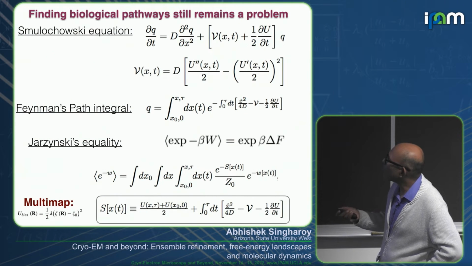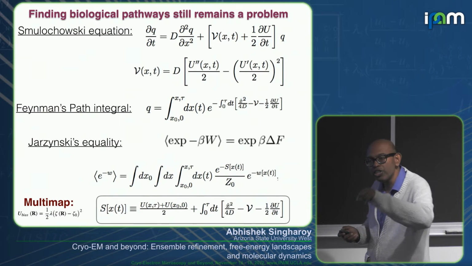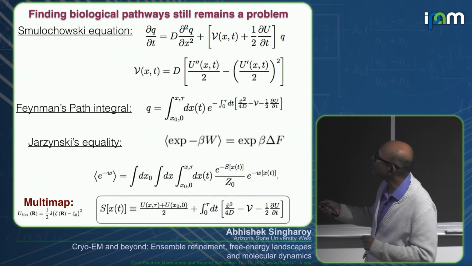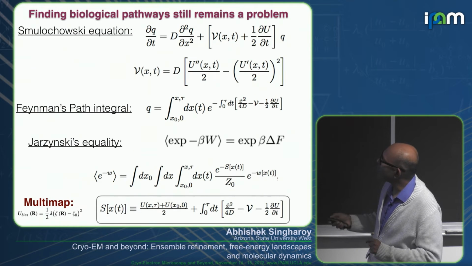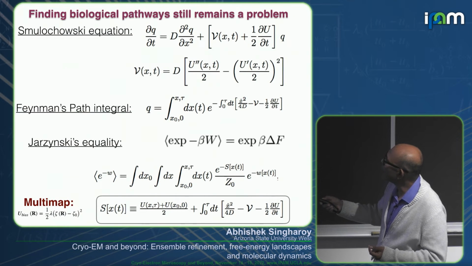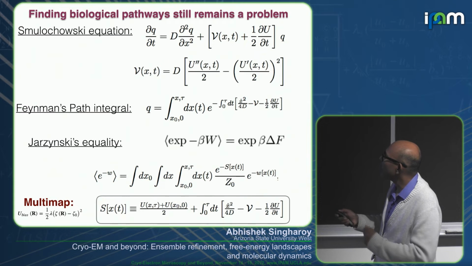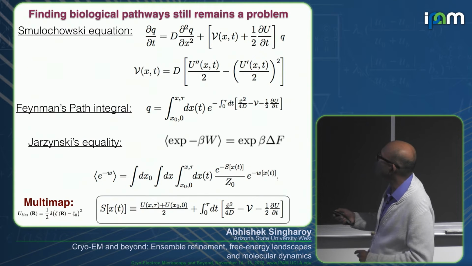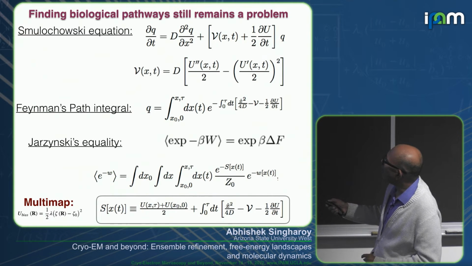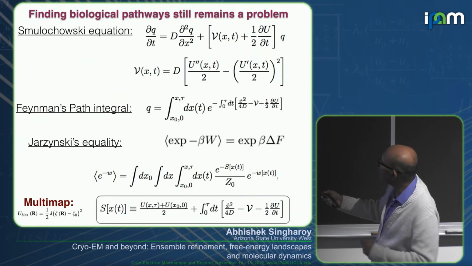So Q, let's call Q a collective variable, like my position on the surface. The rate at which I change on that surface depends on D, the diffusion coefficient, d squared Q by dx squared, which is some sort of a variation in position, a weird term V, which I'll talk about a bit later, and another term called U.